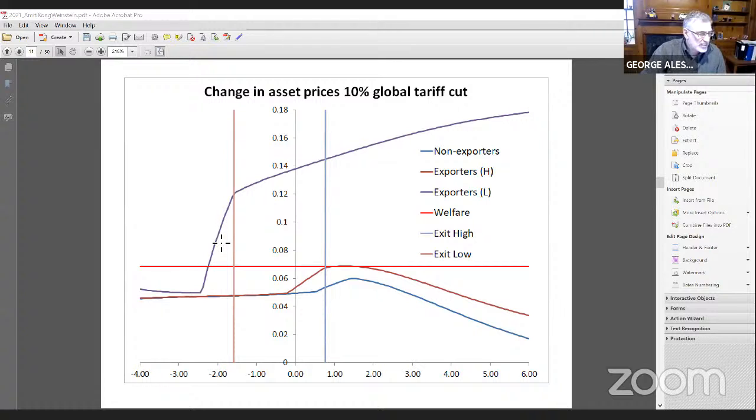Importantly, what I can then do is look in my model at what the welfare gain from this trade liberalization is. That's what this red line is: the welfare gain in the aggregate economy. It goes up by about 7%. Interestingly, that welfare gain is basically tied to the asset price gain of the marginal exporter, this firm right here who's about to leave the export marketplace.